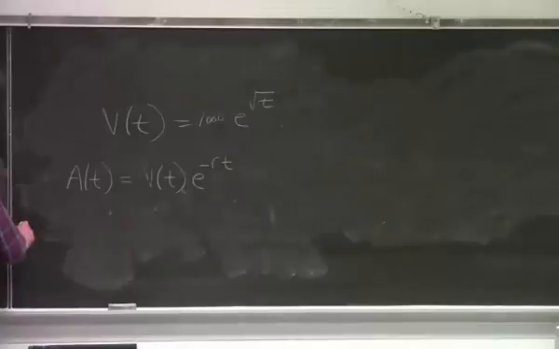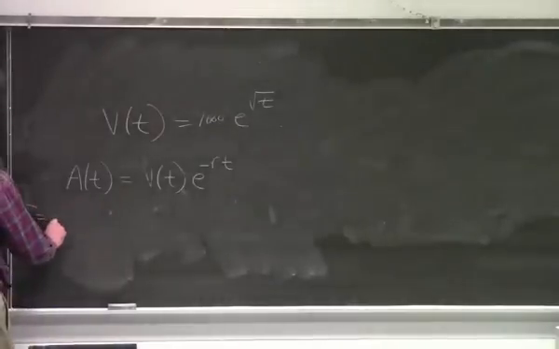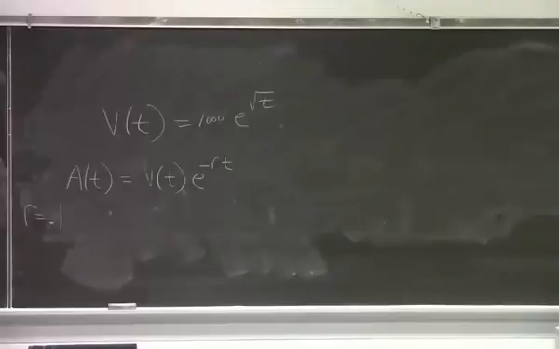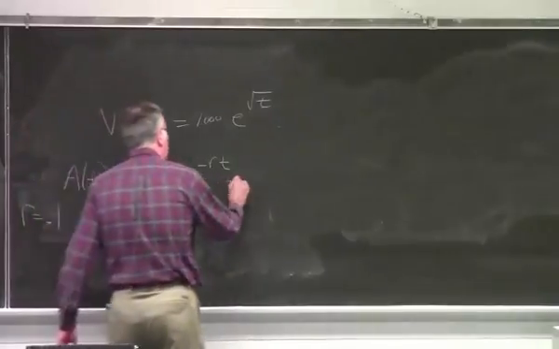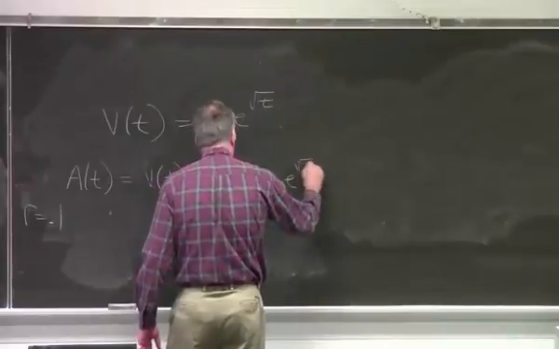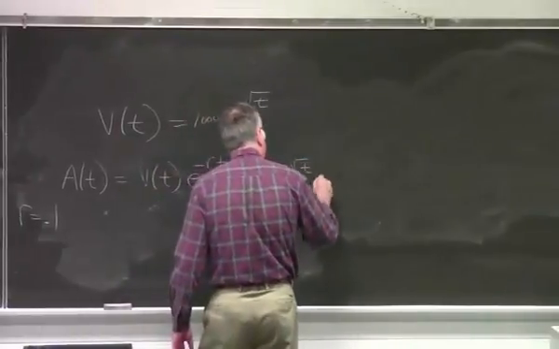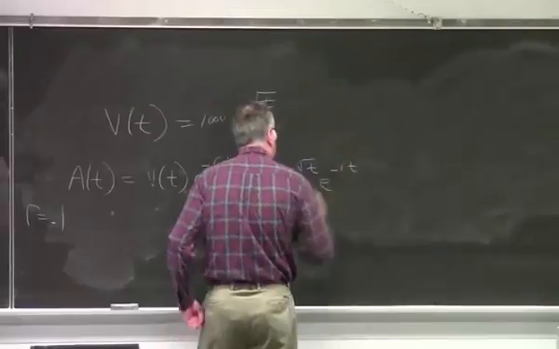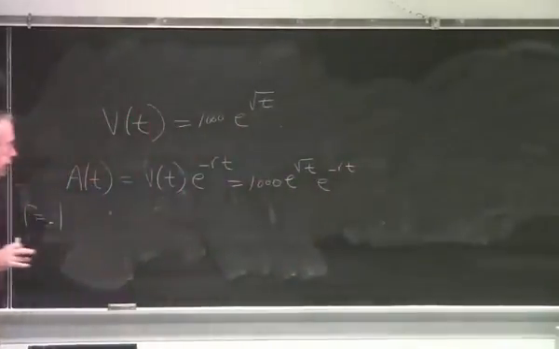We assumed that our r value in the problem we did yesterday was 0.1. And if we now substitute in for V, 1,000 e to the square root of t times e to the minus rt. Now, since these e terms are multiplied times each other, you just add the exponents.